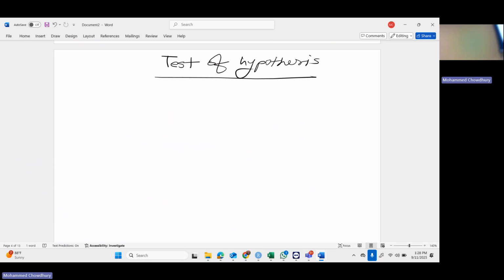Now, test of hypothesis. Test of hypothesis means what? Hypothesis means any assumption or statement. This is the definition of the hypothesis. So now what is null hypothesis?